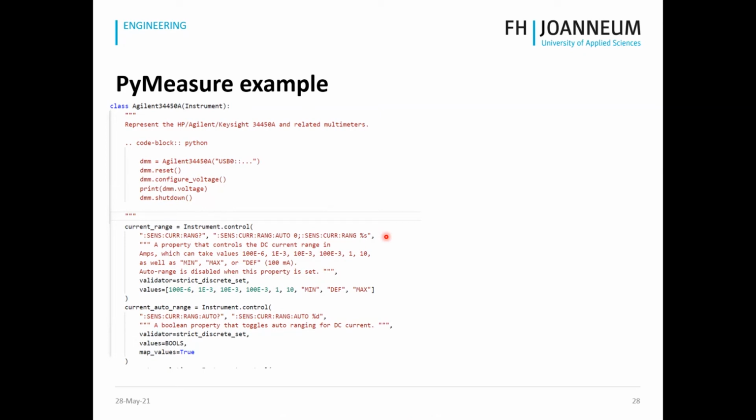And as you can also see, things like validators and which values are possible to set are already in place in most PyMeasure files, which of course once again reduces the workload for us as developers to do that for every single instrument we want to use.